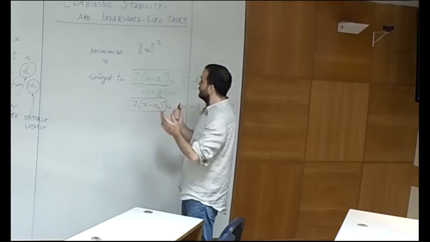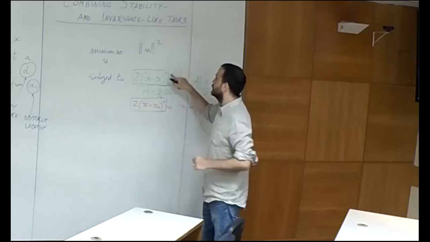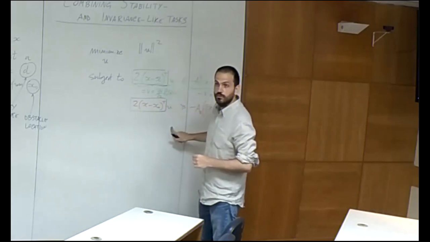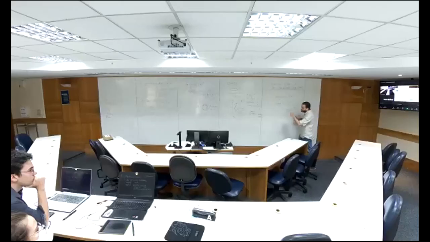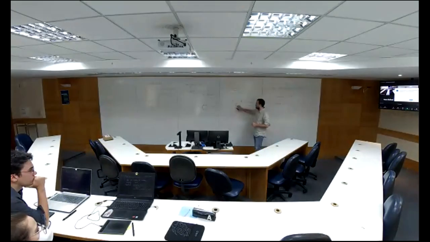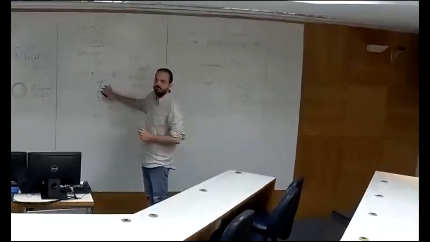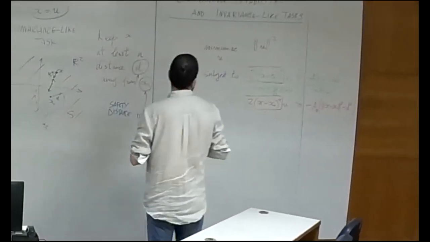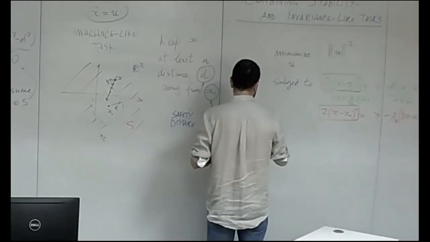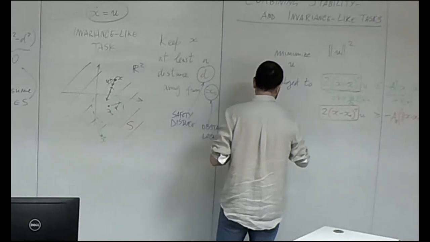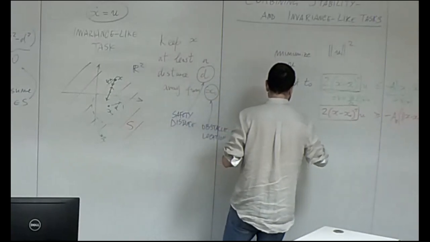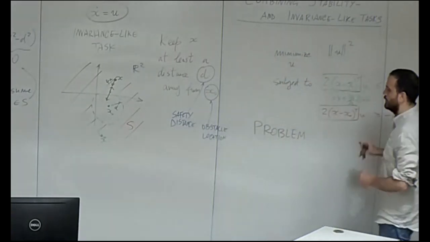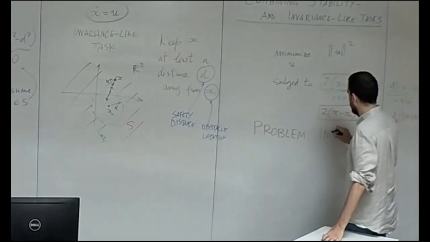So these two constraints are saying go towards the goal, go away from the obstacle, which in this particular case is go in two opposite directions. So this is a problem. This problem is known as infeasibility.